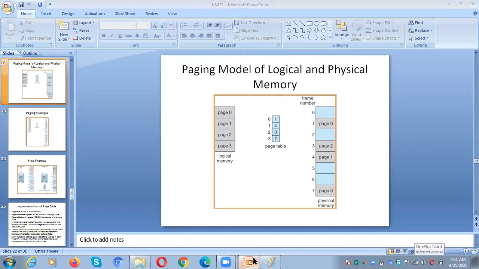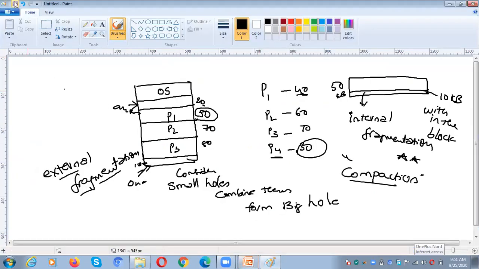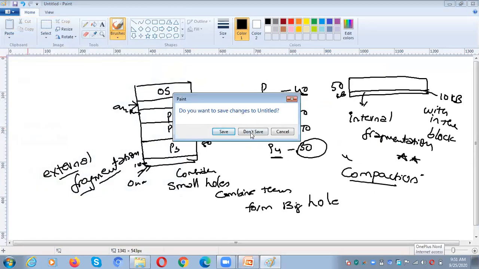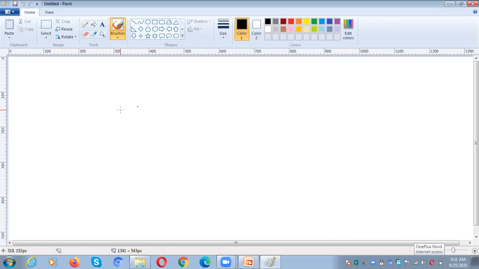That is the thing you need to understand. There should be some basic information to understand paging and segmentation concepts. Listen carefully. The entire main memory is divided into frames. Here the partitions are called frames.